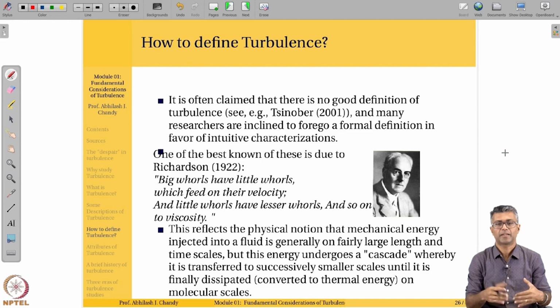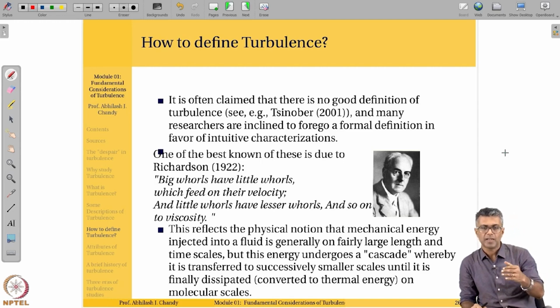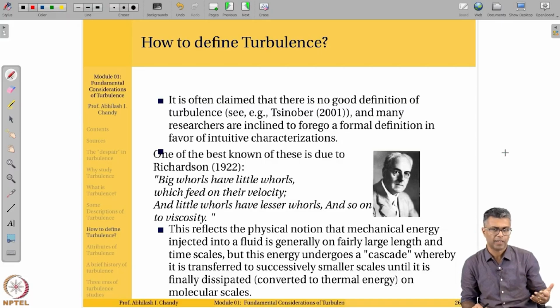Maybe he meant it as a definition. As you will see, it was mostly based on his observations, kind of like what Da Vinci did. He said, big walls have little walls which feed on their velocity, and little walls have lesser walls, and so on to viscosity.